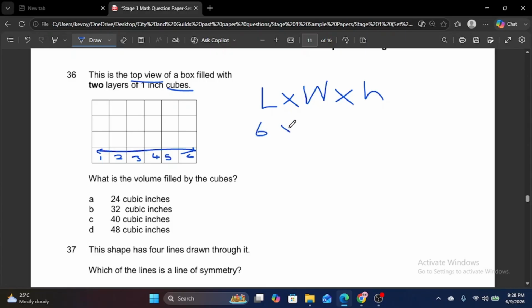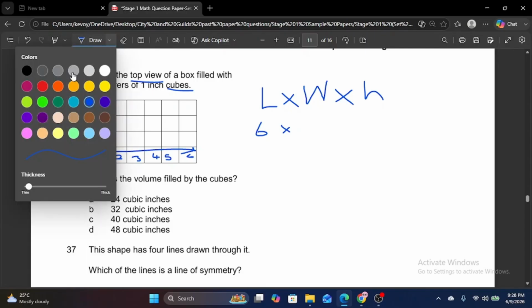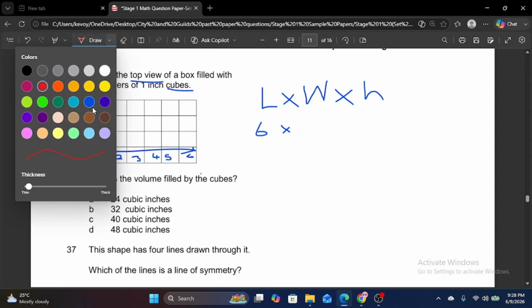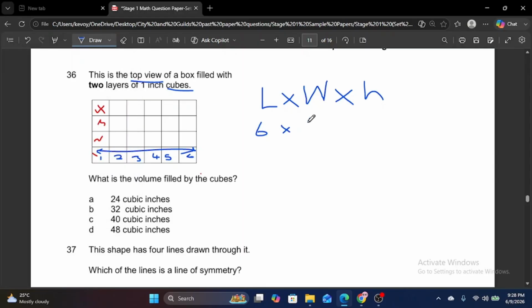Multiplied by the shorter side, which is going to be your width. So that's going to be 1, 2, 3, 4. So the width is going to be 4, and your height now is going to be the 2 layers, because 2 layers means that from top to bottom, that's going to be 2.